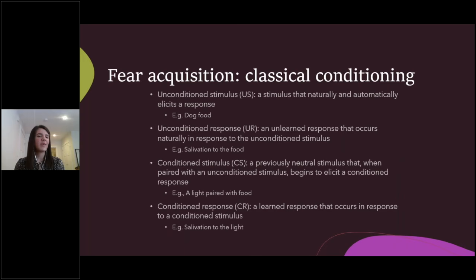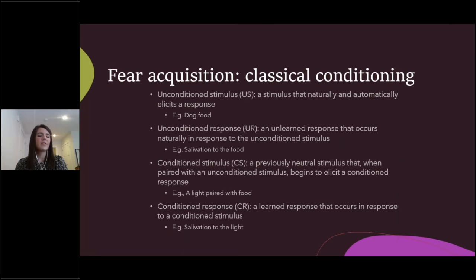So the conditioned stimulus, whether it was a light or a bell, was paired with the food, and then the light or the bell becomes conditioned to signify food. And the conditioned response is a learned response that occurs in response to a conditioned stimulus. So eventually there is salivation to either the light or the bell.